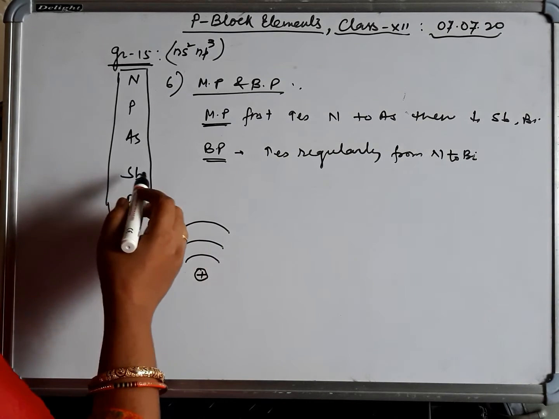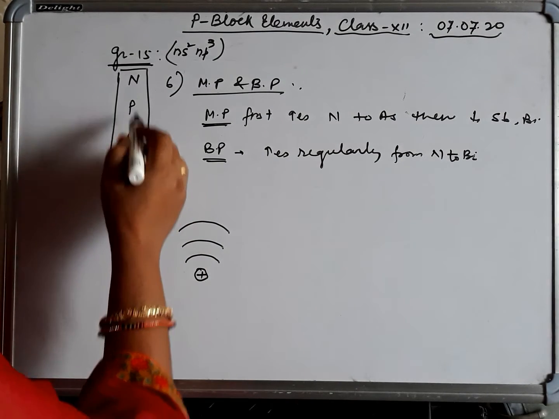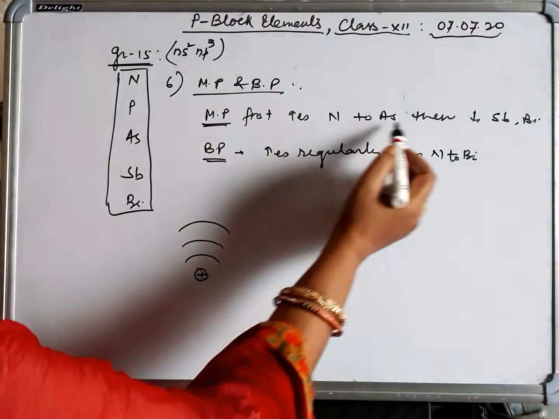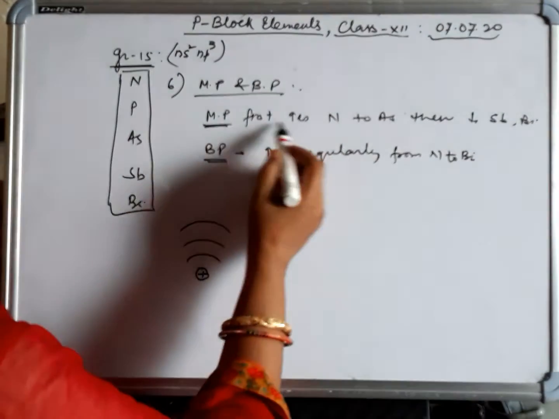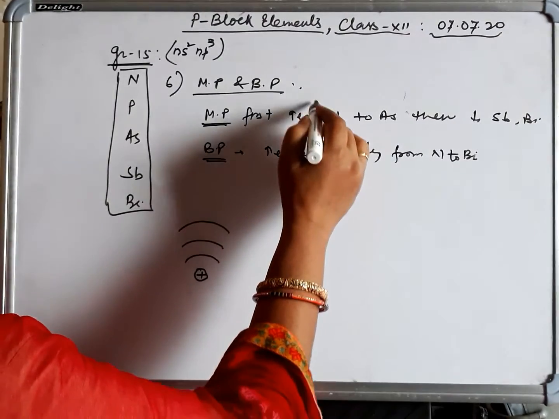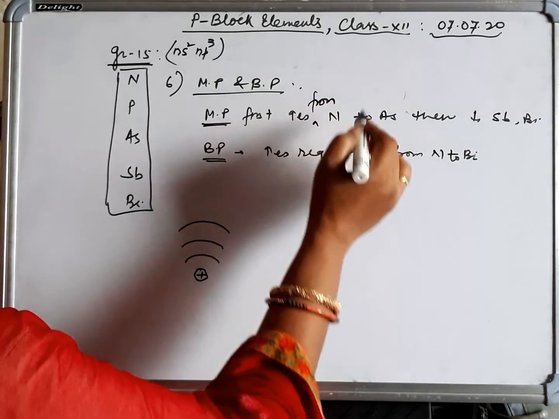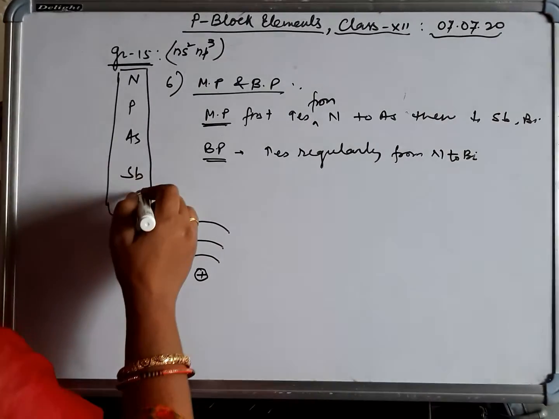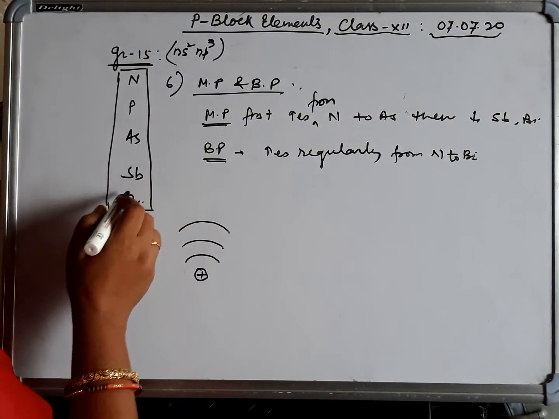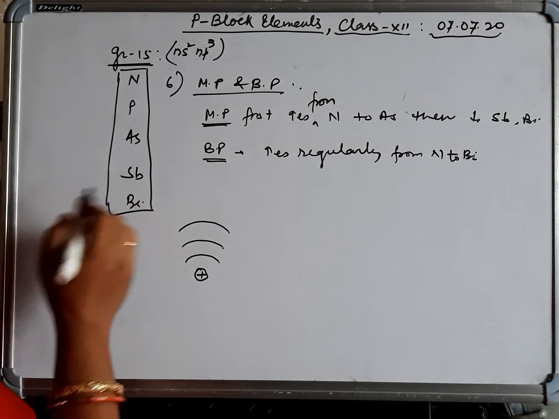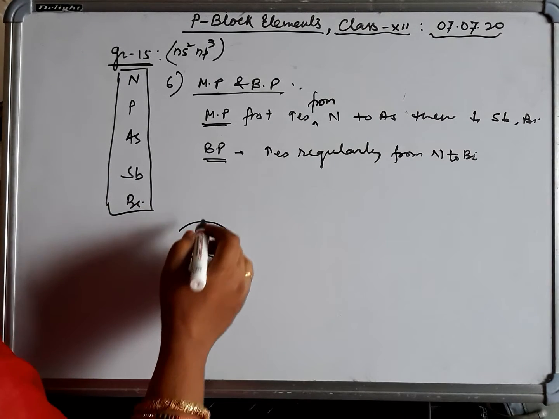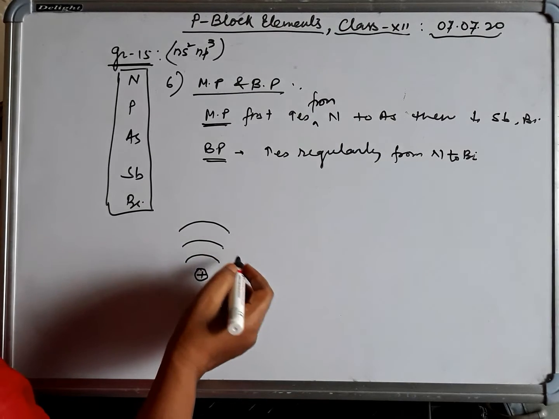So from nitrogen, phosphorus to arsenic, the melting point first increases, then decreases for antimony to bismuth. What is the reason behind it? It is called the inert pair effect.